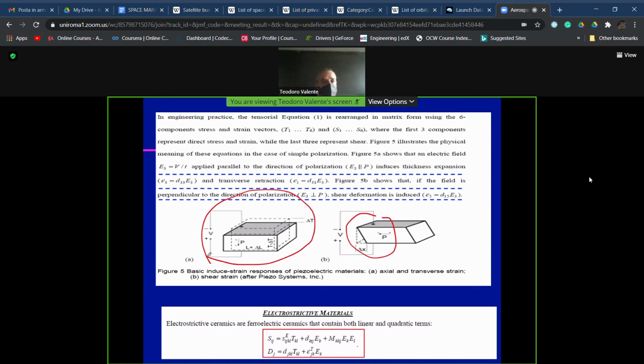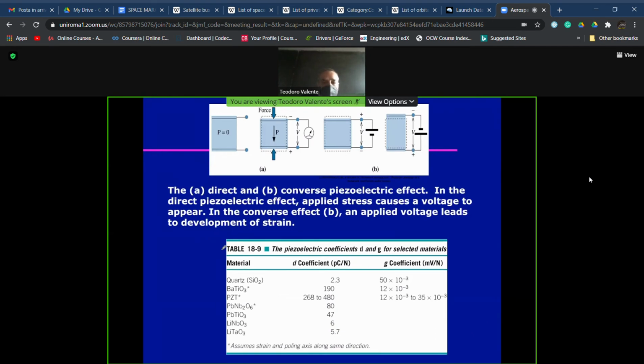And there are also some complicated modeling approaches, but there are also very simple approaches which give us the possibility to calculate at a glance what is going to happen. One simple approach is based on coefficients which are known for the materials which show this effect. Essentially, and this is a monodimensional approach, there are two. One is called the D coefficient, the other one is called the G coefficient.